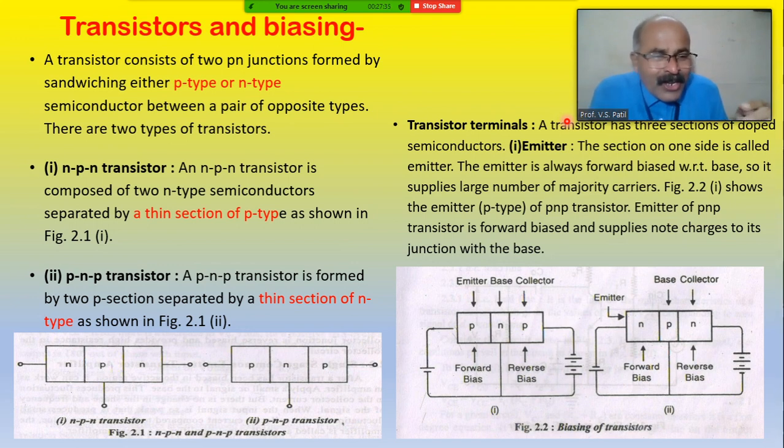But what is the name of each terminal? The central one is the base, one is the emitter, and one is the collector. Here the base is very small in width, the emitter is greater than the base, and the collector is greater than both the base and the emitter.